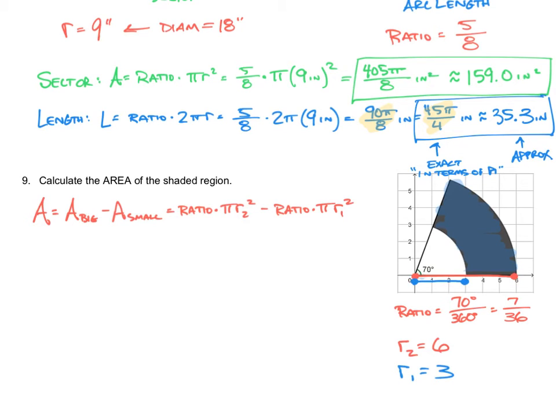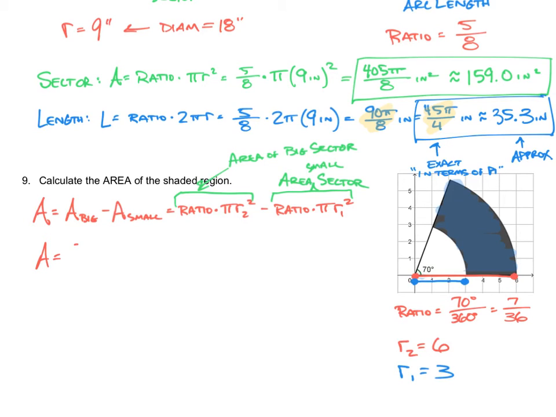And again, I want to highlight something here. Remember, this is the formula for the area of a sector. It's that ratio times pi r squared. And this is also that same formula, but it's for a different sector. Okay, so let's go ahead and plug in what we know.